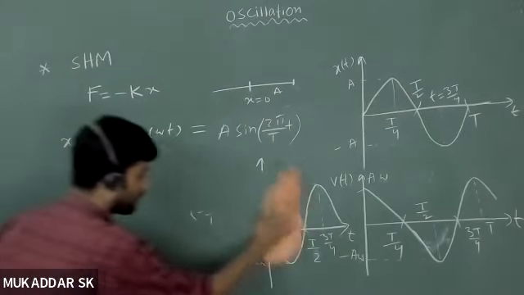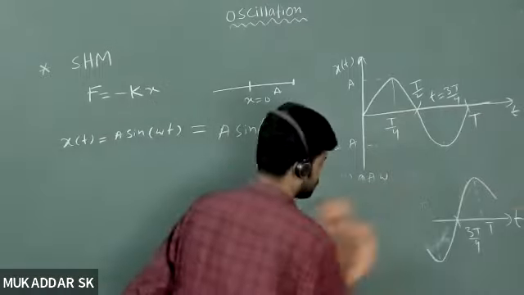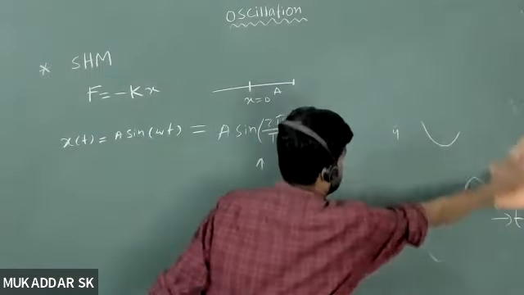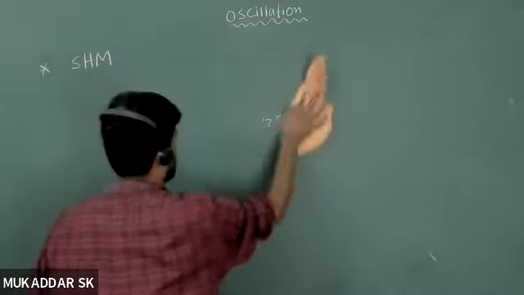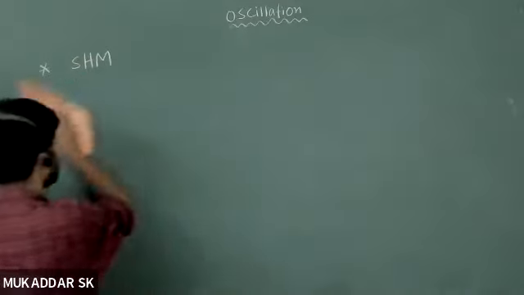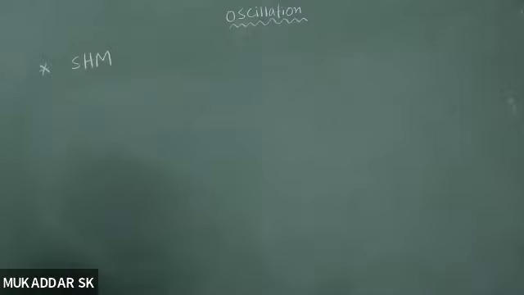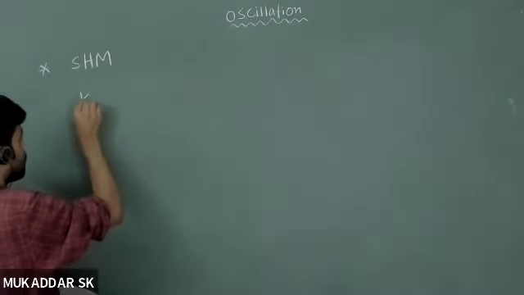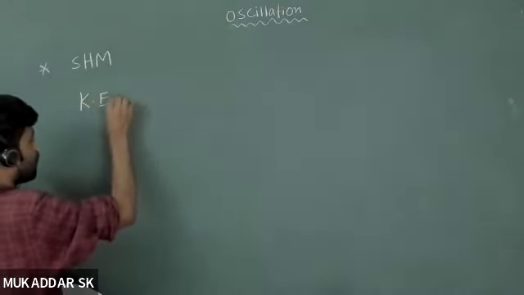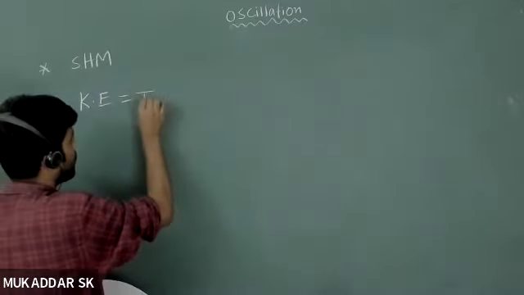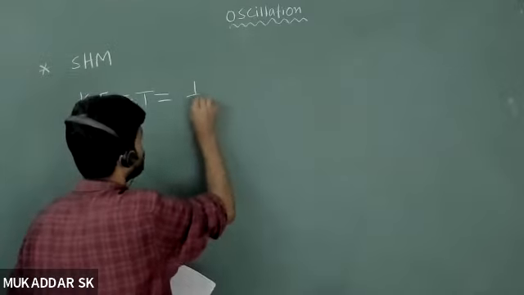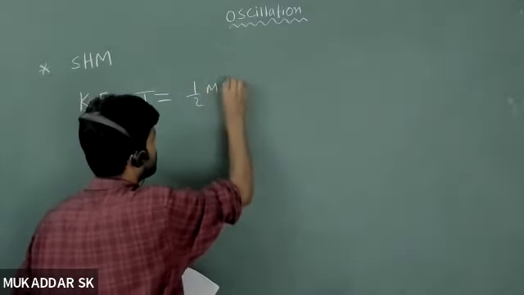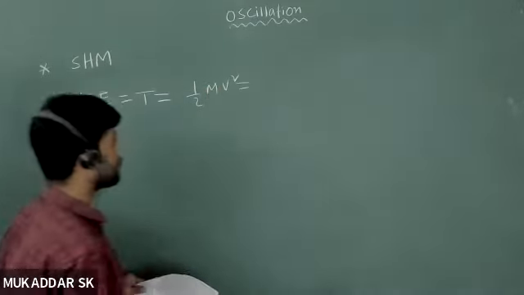Now what about kinetic energy? So kinetic energy, which I denoted as capital T, is basically half m v square, and you know v is velocity.